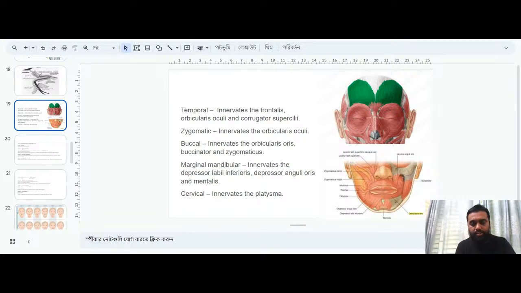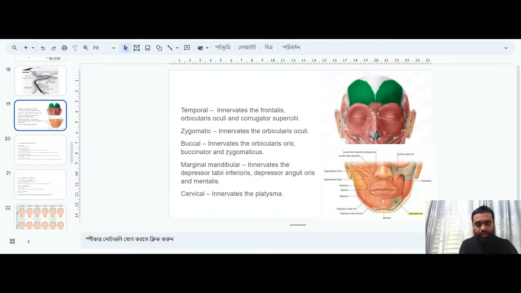And when there is palsy of the nerve that supplies the mouth, especially the buccal branch, it supplies the orbicularis oris, and the marginal mandibular, it supplies the muscles that depress the angle of the mouth and the lower lip.